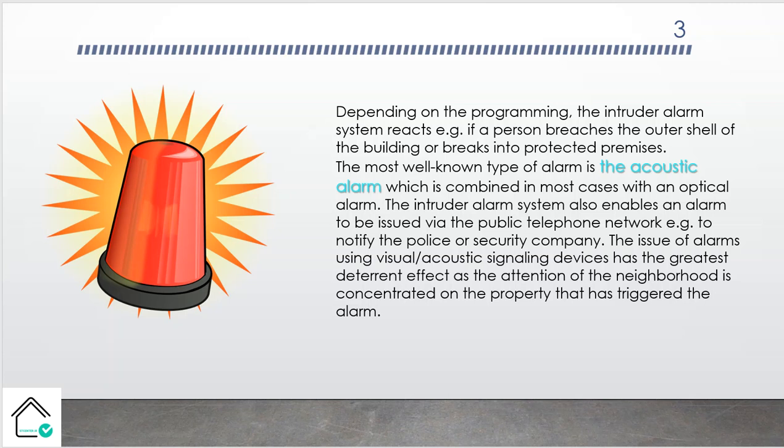Also, there is a high noise sound from this alarm, and the security company or police receive the alarm notification through an automatic telephone call, or automatic SMS or email notification.